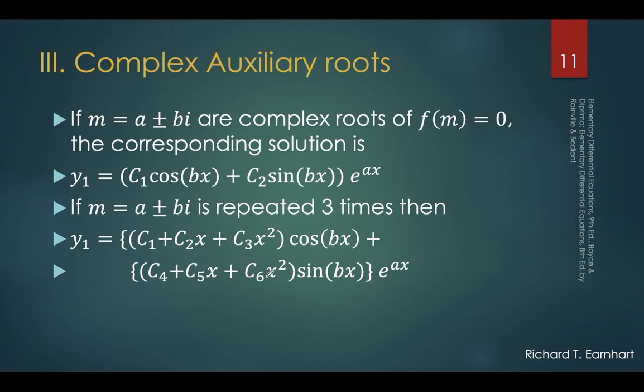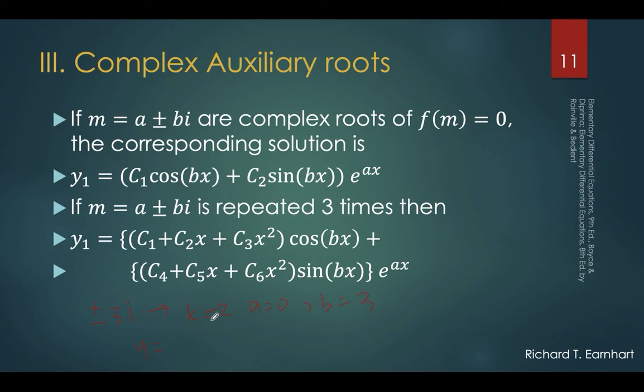So take note, if you have pure imaginary roots, like say 3i, and let's say repeated twice, then in this case your a is equal to 0, so no exponential, and b is 3.